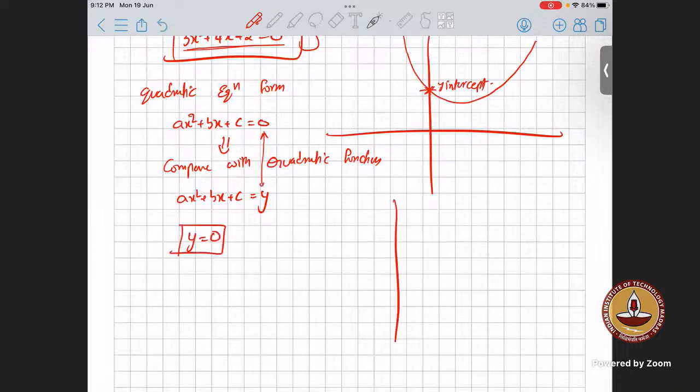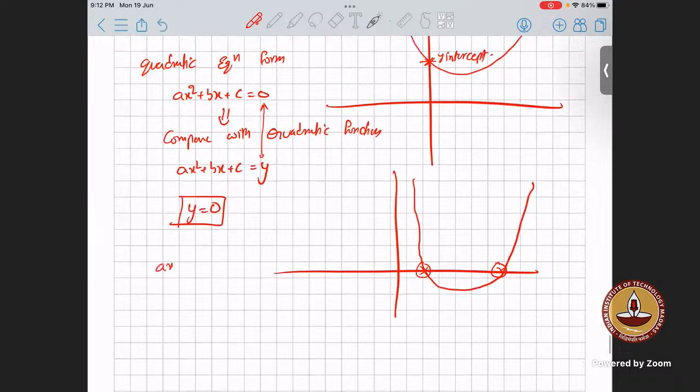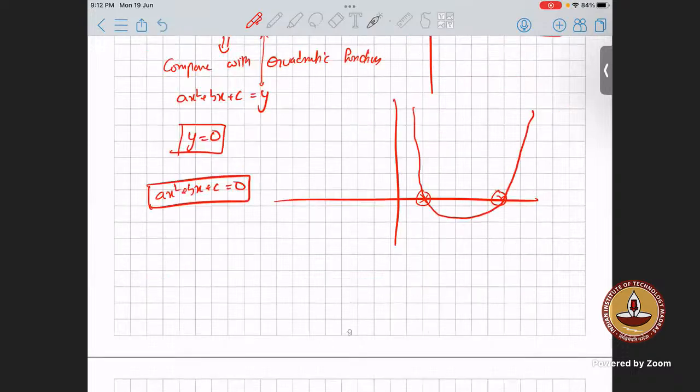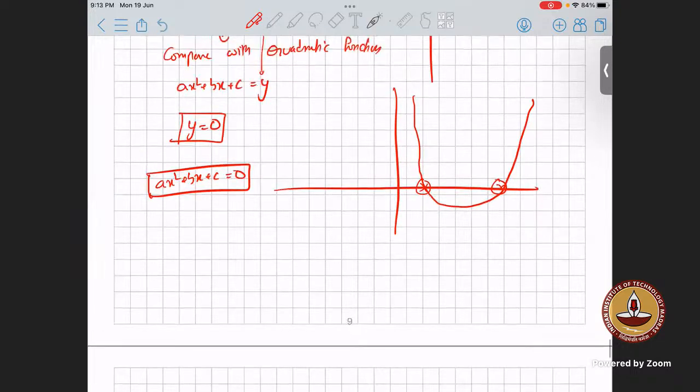What does y equal to 0 mean? A point on the x-axis. If x square plus bx plus c equals 0 and you solve this, then the point must lie on the x-axis. Agree?